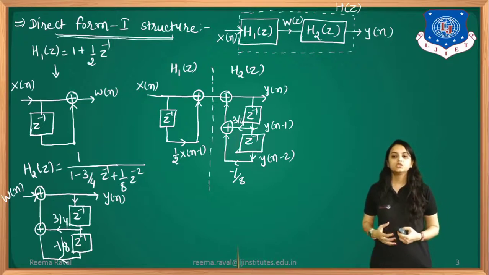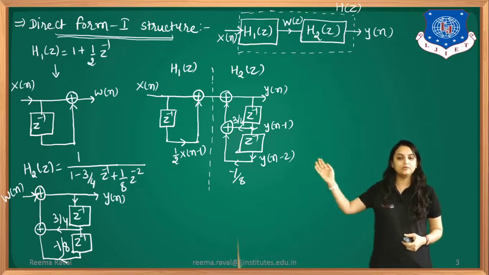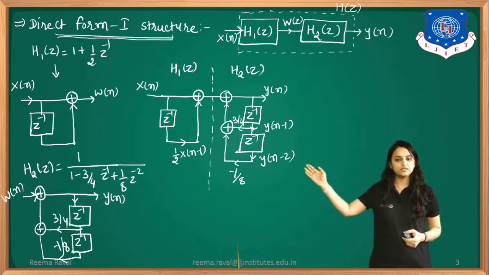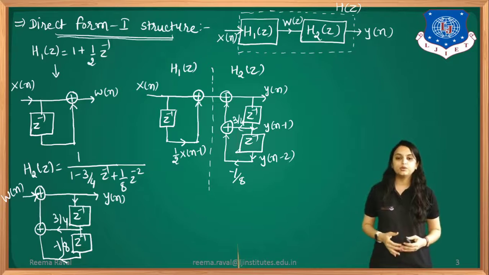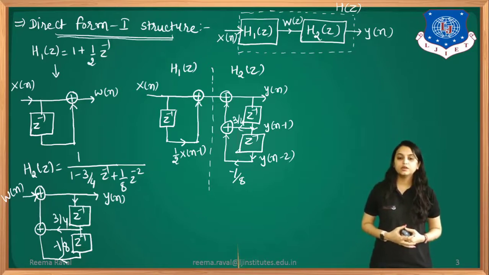Using these two, we will get the direct form 1 structure as indicated here. The first part is H1 of z and the second part is H2 of z, and combining these two at the output side, we will get the final transfer function for the direct form 1 structure.